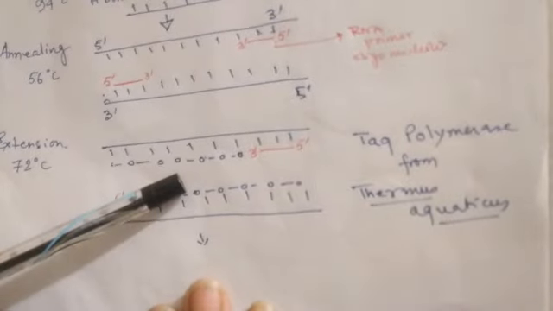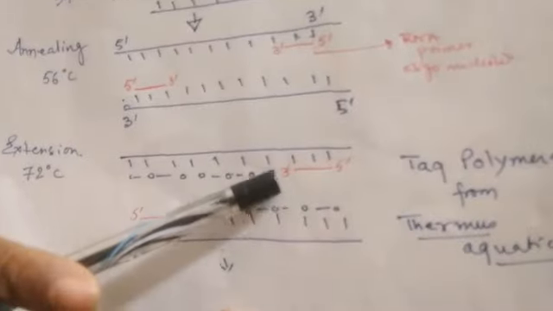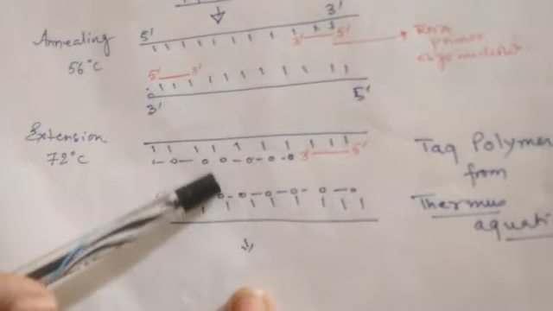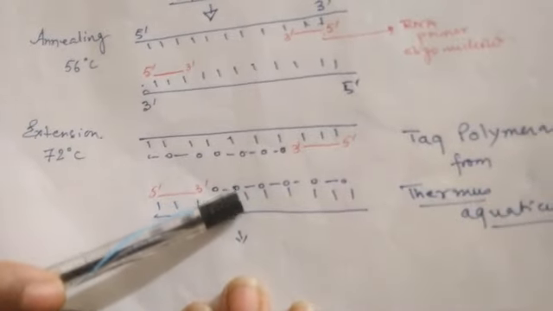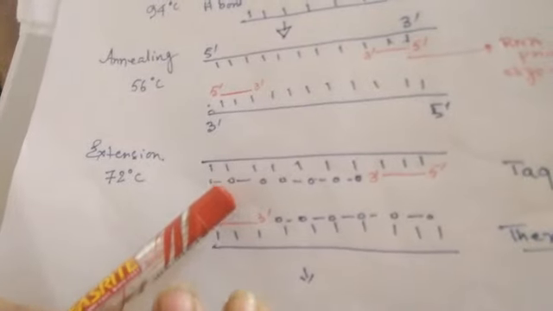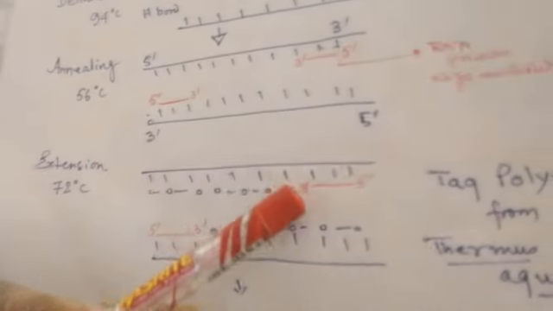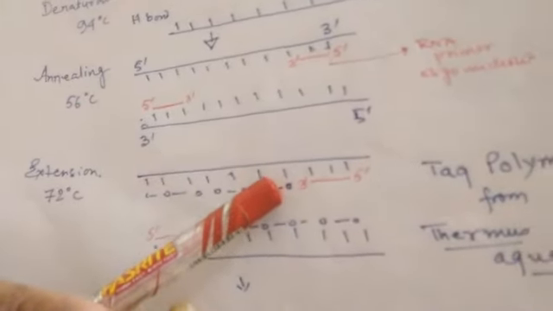This Taq polymerase is used here to synthesize the new DNA strands. So now this strand has become double stranded, because at this end new nucleotides have been added and extended.